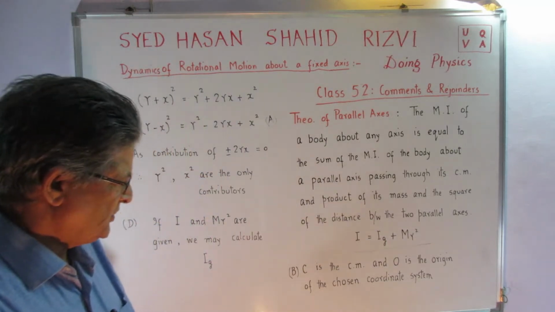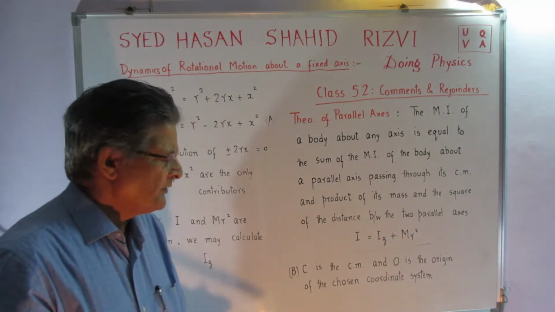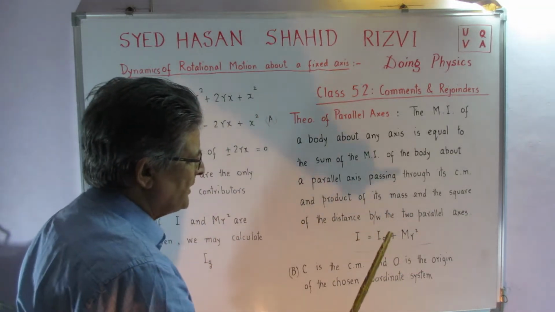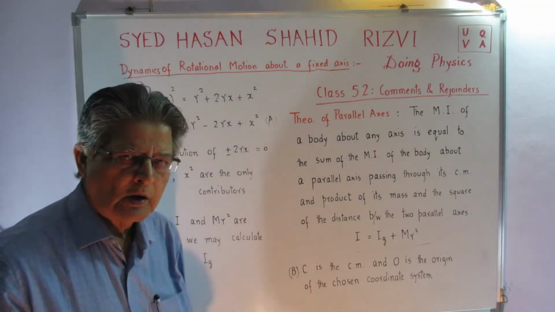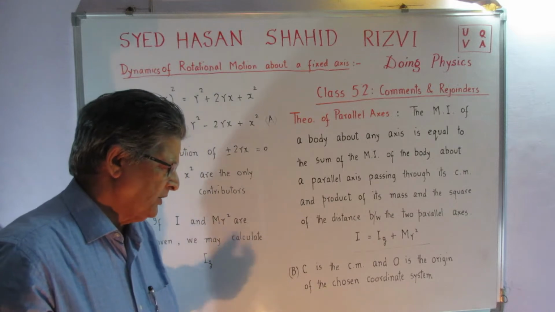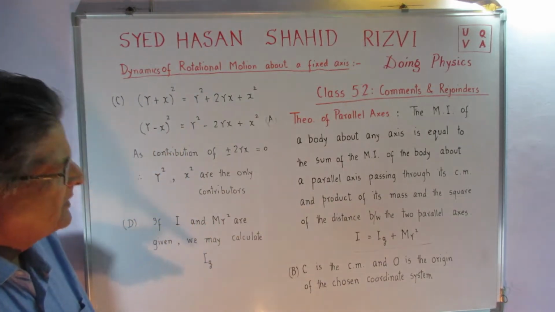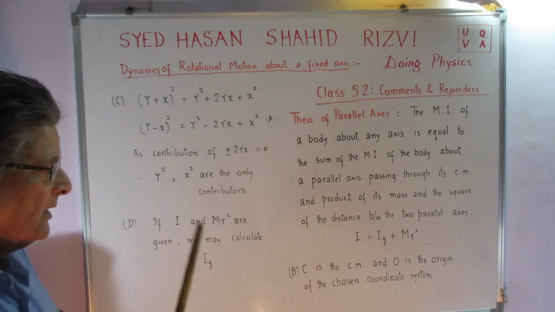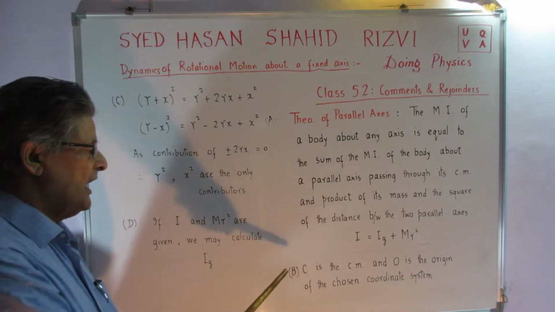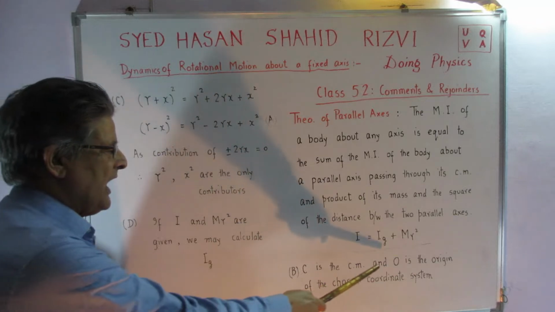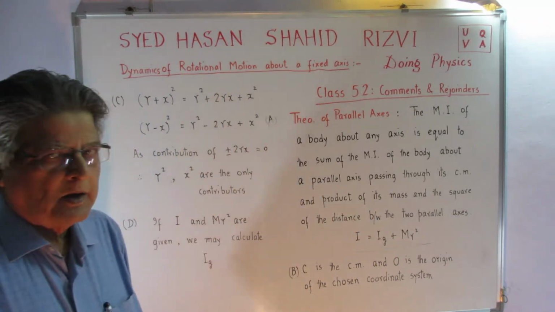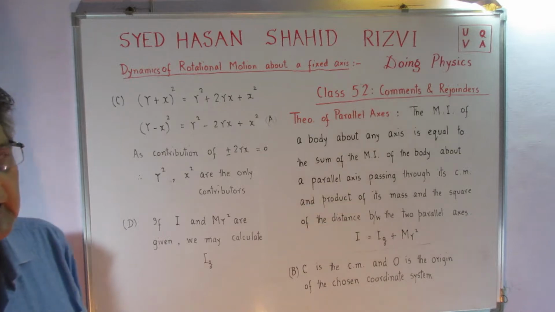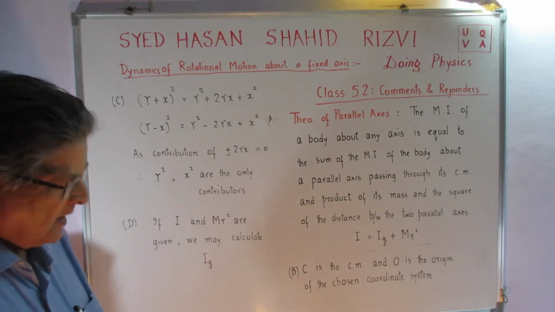It's our choice, it doesn't matter where we choose it, because this I is equal to Ig plus mr square is going to hold whether we take it on one side or the other side, but the axes associated with C and O should be parallel to each other: x, y, z, x dash, y dash, z dash.